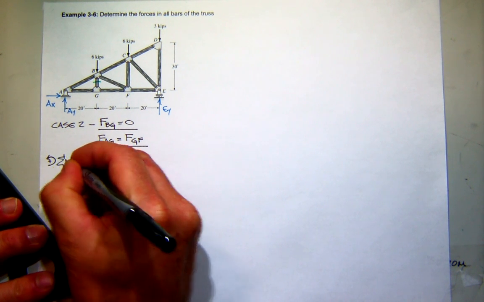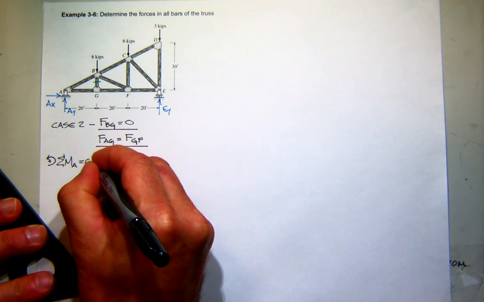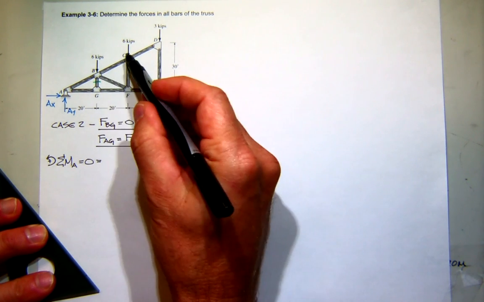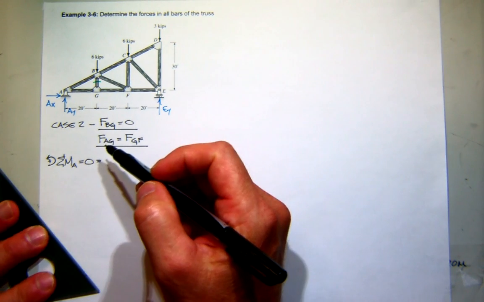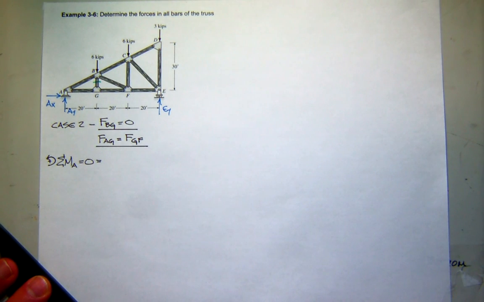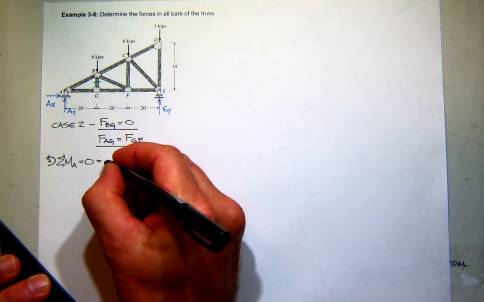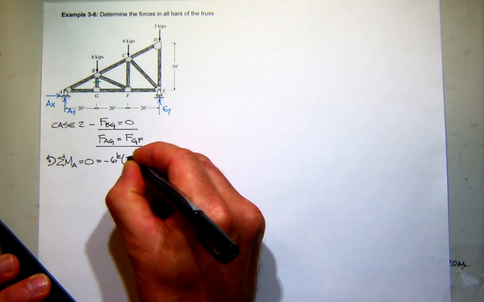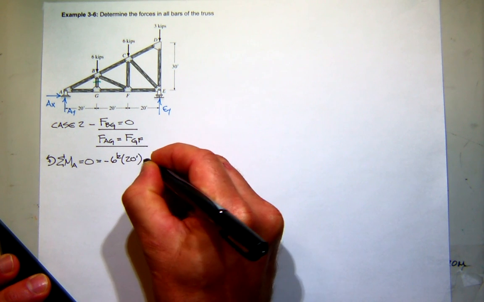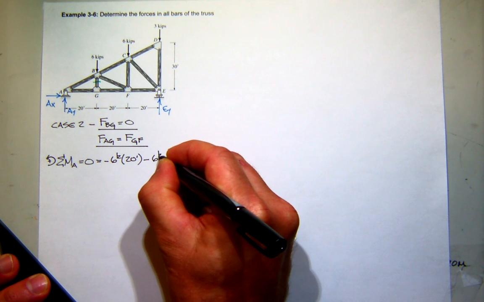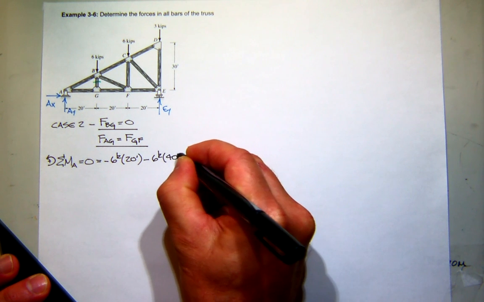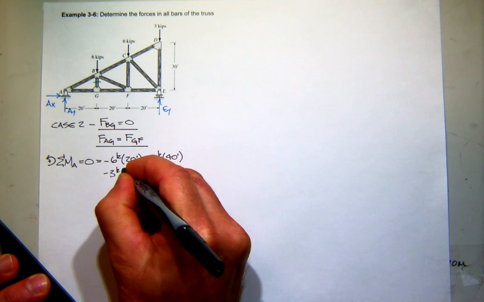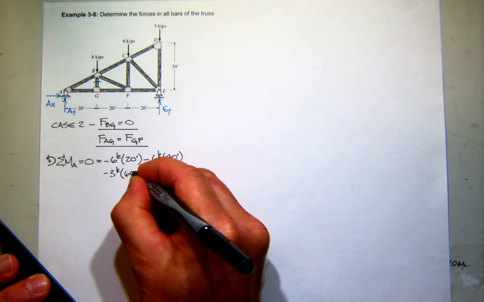I'm going to use right-hand rule as my sign convention. So I will sum moments at A. Make sure it's in equilibrium. So when I do that, all the applied forces are going to create what kind of moment about A? Positive or negative? Negative. So I'll just go down the list. So I have 6 kips times 20 feet, minus 6 kips times 40 feet, minus 3 kips times 60 feet.